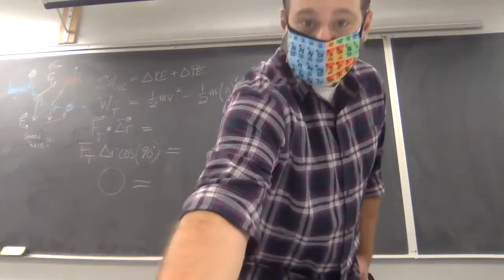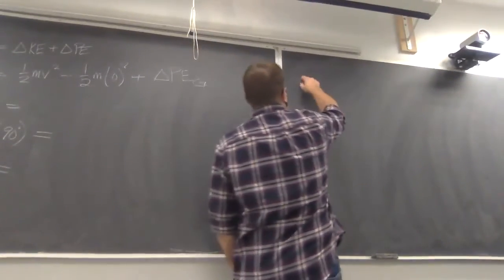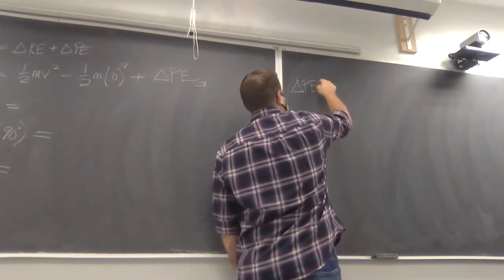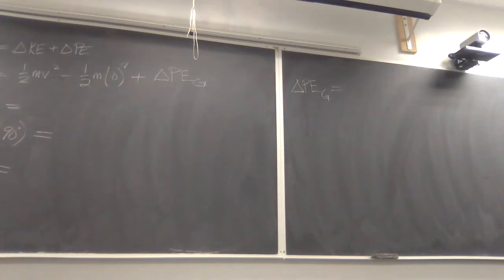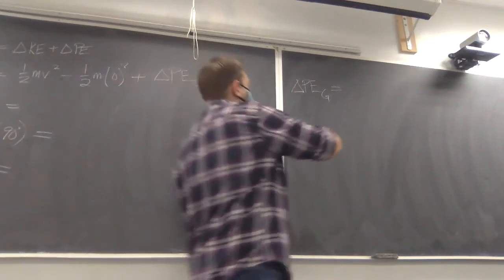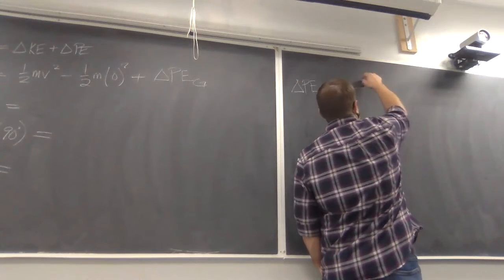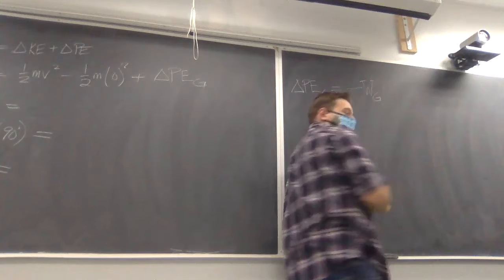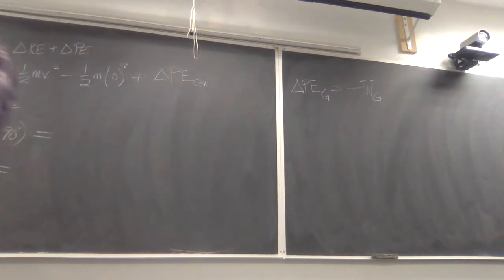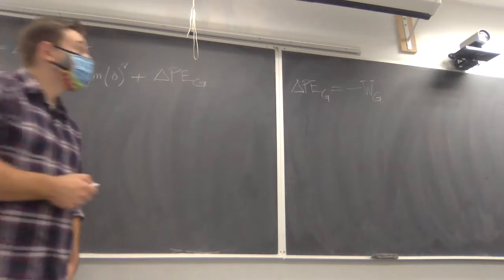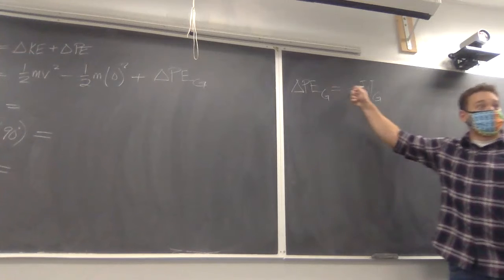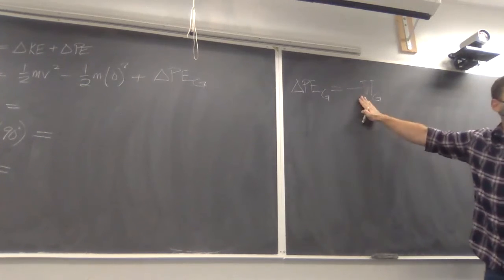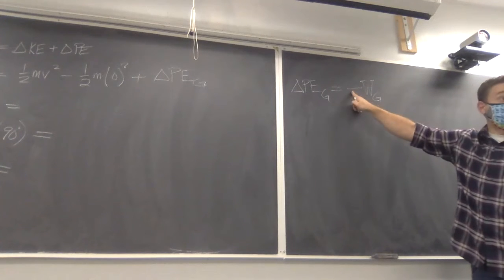So the change in the gravitational potential energy, because of the way we defined potential energy, is the negative of the work done by gravity. If we're going to make a deposit into savings, we had to withdraw from checking. That minus sign, it's got to be there.